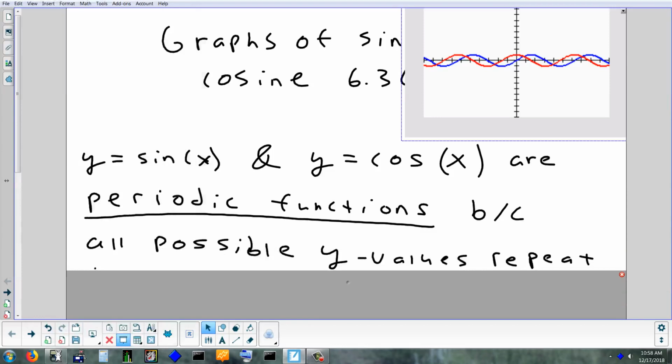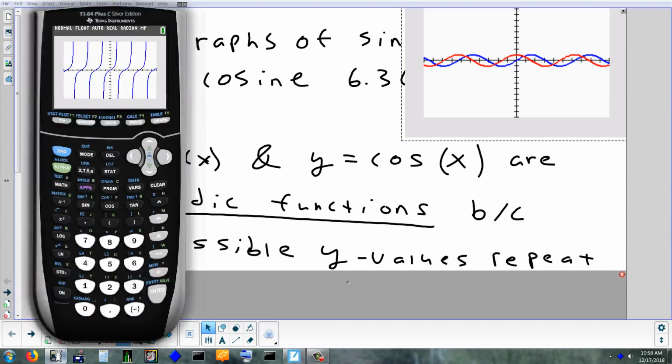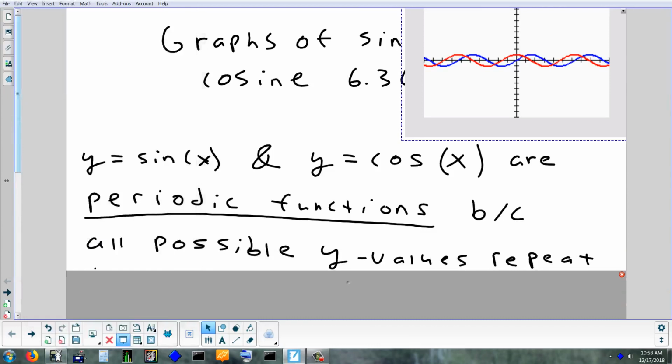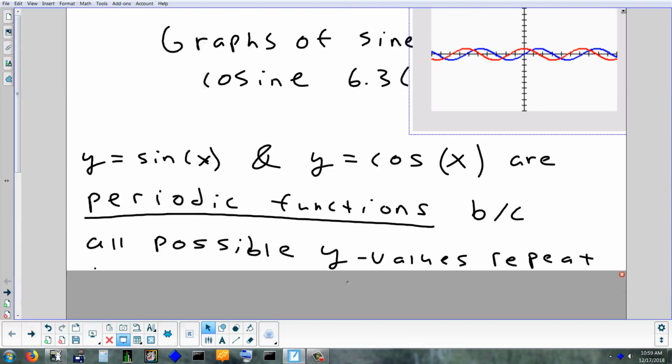With sine and cosine, they're always between -1 and 1. With tangent, that's totally different. We'll look at that later on Thursday. Okay. So if you look at the sine and cosine, it might start at 0, goes up to 1, back to 0, -1, and back to 0. Those numbers that I just said, 0, 1, 0, -1, 0, that's the pattern for the y's.